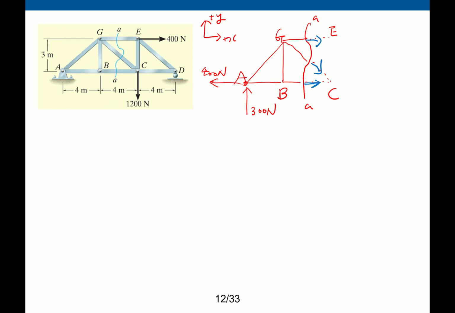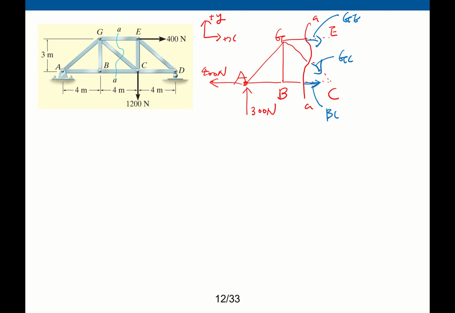Obviously, they may not all be in tension. One of them could be compression, but we will figure it out later. So this one is BC, this one is GC, this one is GE. Three unknown forces, directed to the right, are all in tension. That's our assumption.